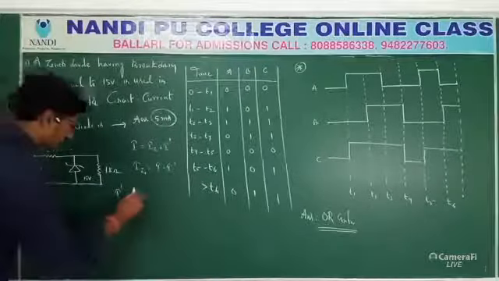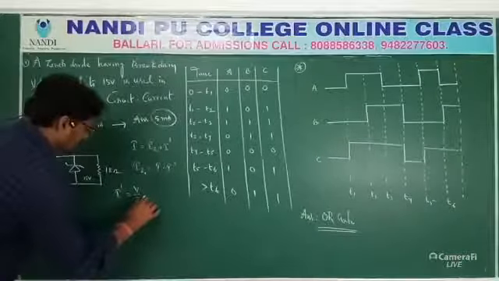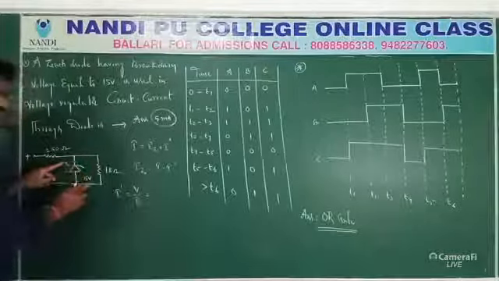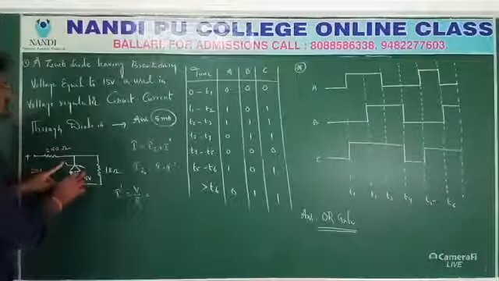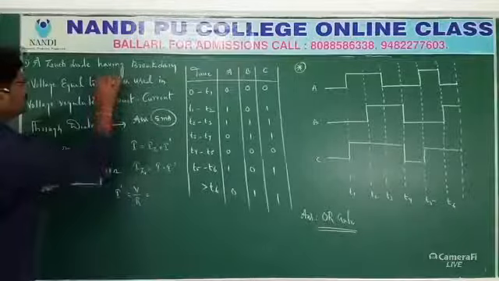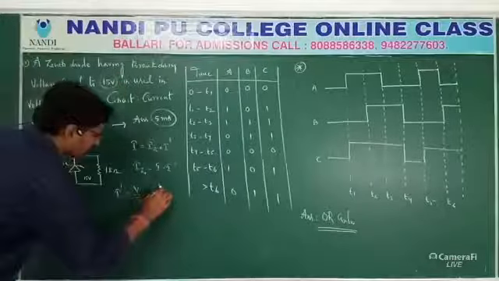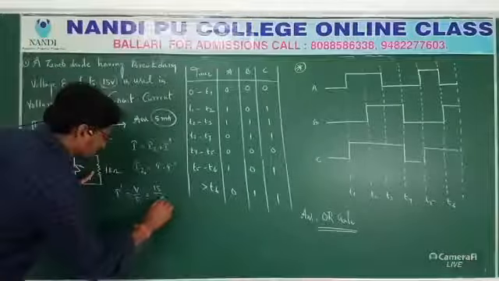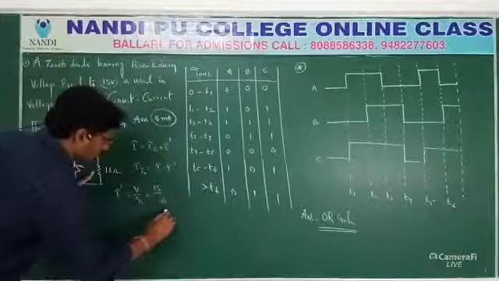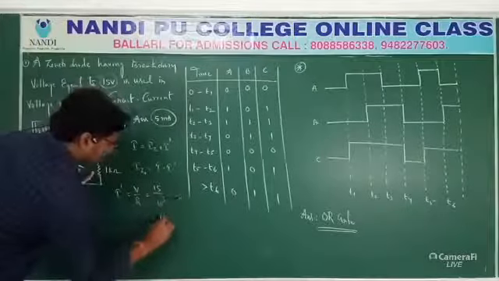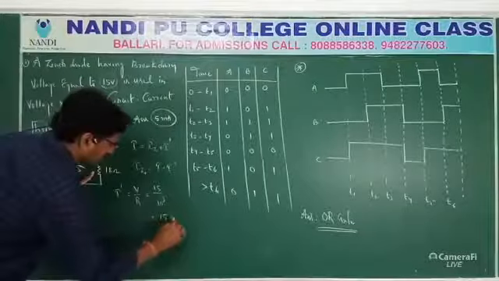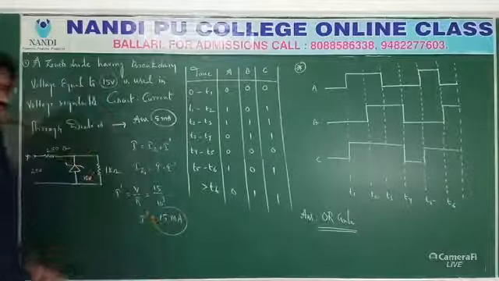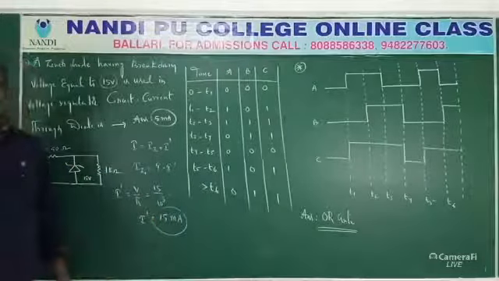As you know the formula, I dash is equal to V by R. The potential drop across it is the same as across the Zener, 15 volts, and R is 1 kilo ohm, that is 10 power 3. So I dash is equal to 15 into 10 power minus 3 amps, that is 15 milliamps.